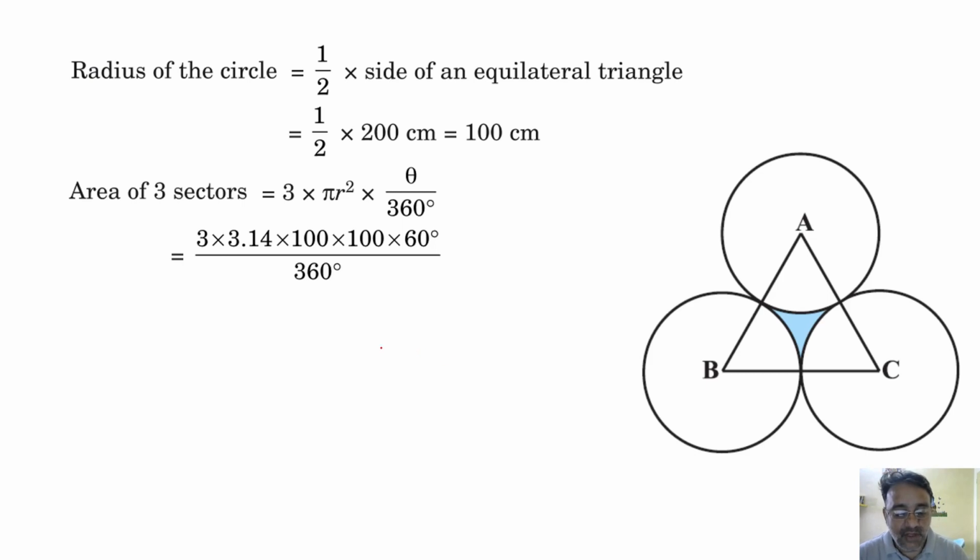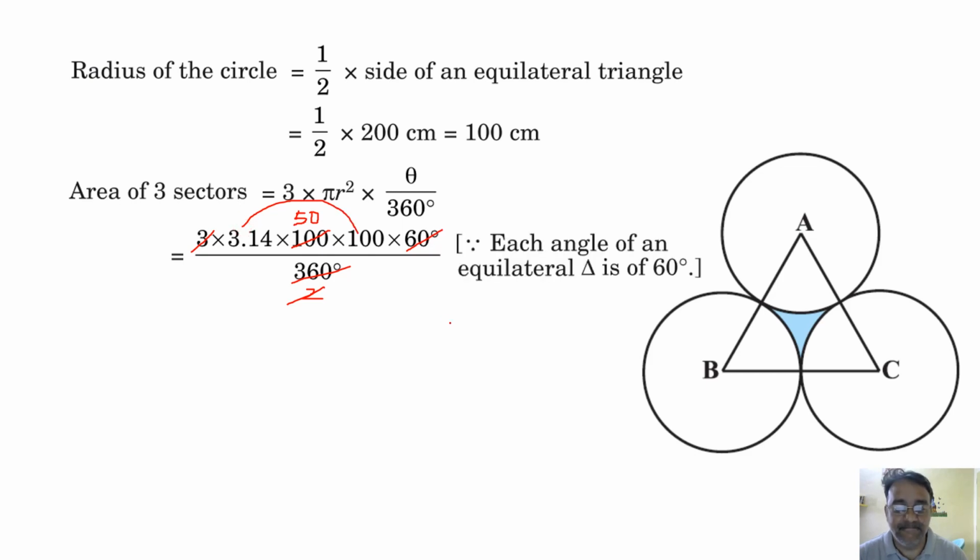Okay, तो थोड़ा से हम लोग यहाँ पे कैलकुलेशन करेंगे. 3 into 60 180 होता है, तो यहाँ पे डिवाइड करेंगे तो 2 आ जाएगा, and 1 2 we can cancel here, so we'll get 50. 50, right? So we'll get 314 into 50. Okay, so that is 15,700 centimeter square.